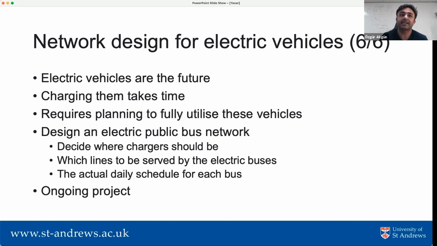But can we do it better using an optimization problem, such that we design an electric public bus network which places the chargers strategically, uses the buses on carefully selected lines, and the actual daily schedule of the bus is found such that we maximize the use of these buses, right?